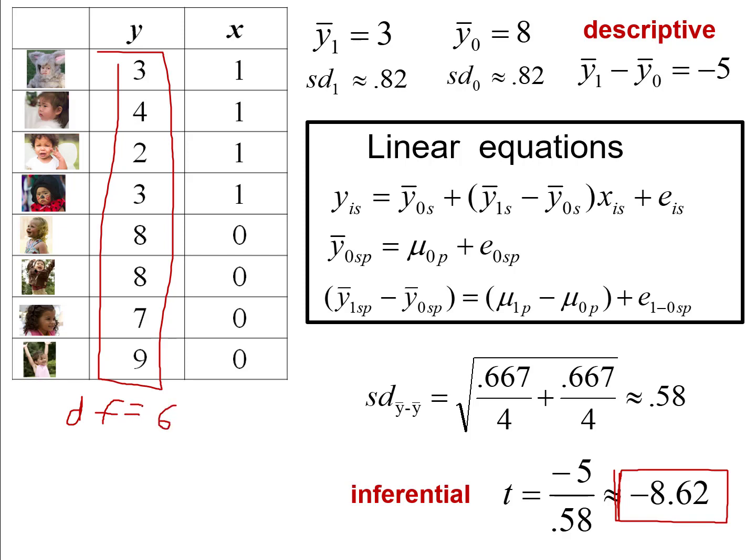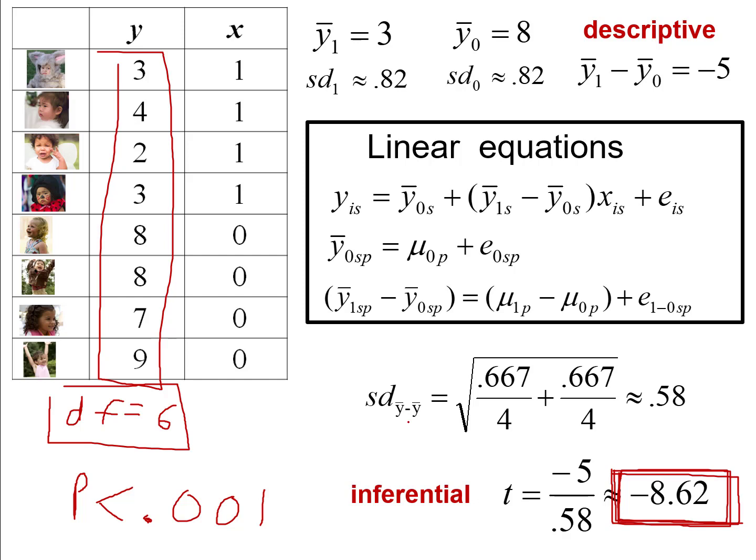And if we were to go to a t-table or a t-calculator, we could ask, what's the probability of getting a t-value of 8.62 or -8.62, which, by the way, we'd get the same thing either way. The probability of getting a t of +8.62 is the same as getting -8.62. So what's the probability of getting a t-value of 8.62 with 6 degrees of freedom? We could look that up, and we'd find it's a very small value. Our probability in this case is going to be less than 0.001. It's less than once in 1,000 times that we would get a t-value this extreme if the null hypothesis is true.